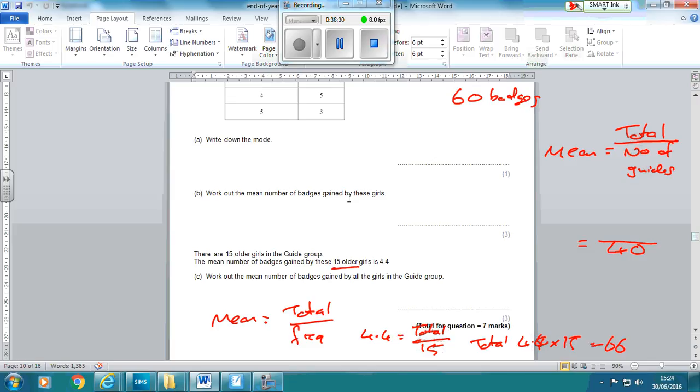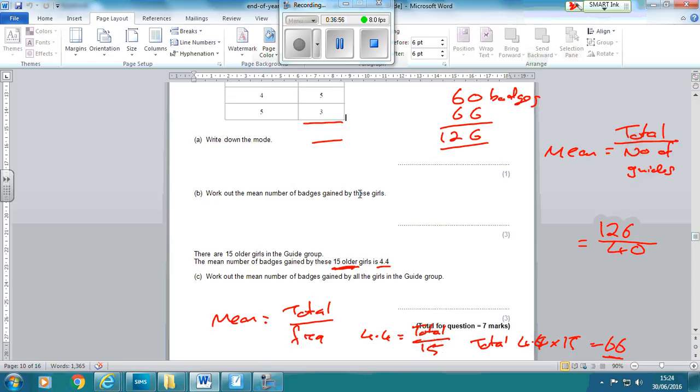And again, think that through. 66 divided by 15 is 4.4. So therefore, 15 times by 4.4 is 66. So these 15 girls had 66 badges. The other girls, the 25 girls, had 60 badges. So in total, that's going to be 126 badges. Now, there are 126 badges, and in total, there were these 15 girls and the other 25 girls.